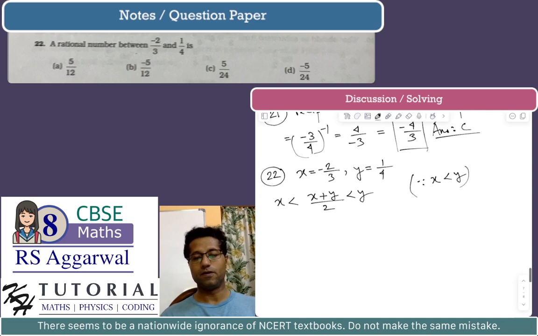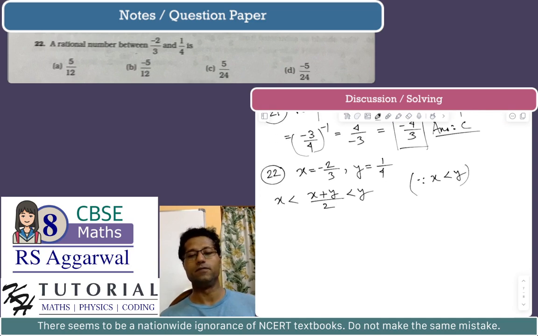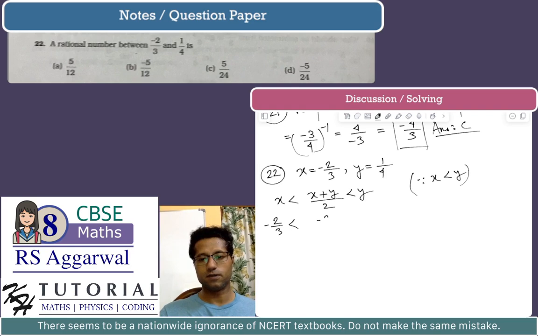So in this problem we have been asked to find the rational number between minus 2 by 3 and 1 by 4. So that rational number will be (minus 2 by 3 plus 1 by 4) divided by 2. This rational number will be between minus 2 by 3 and 1 by 4.